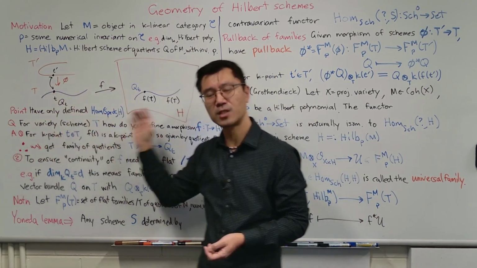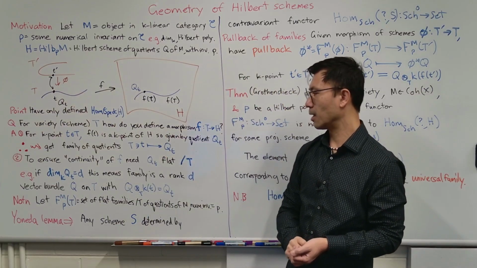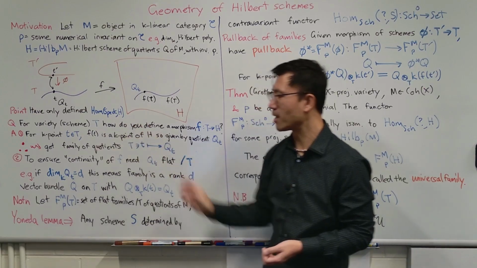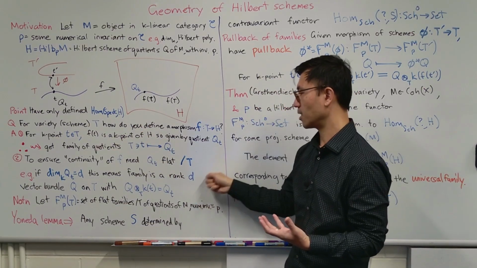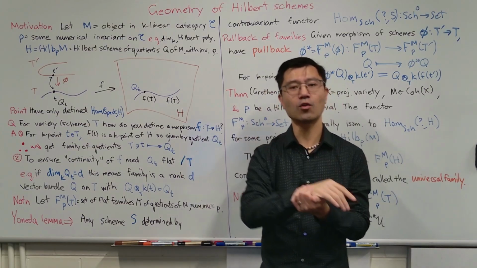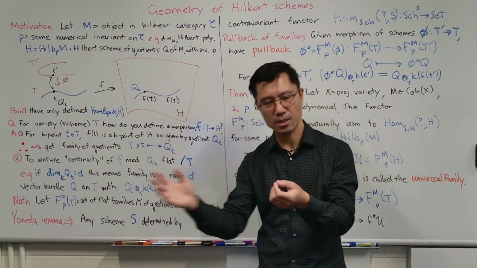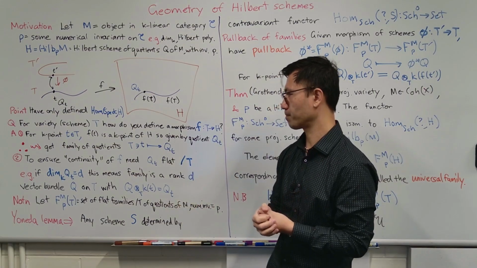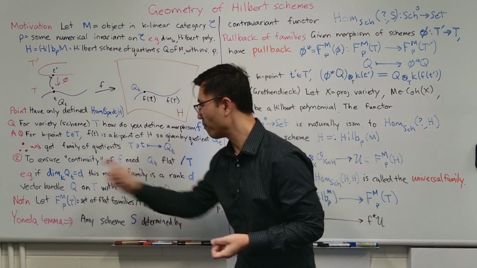So you have a family of d-dimensional vector spaces. And flatness in this case just means that that family of vector spaces is a vector bundle of rank D. So that's what flatness means. It's a vector bundle. And of course, you should think of a vector bundle as a smoothly or continuously varying family of vector spaces. So that's a vector bundle.